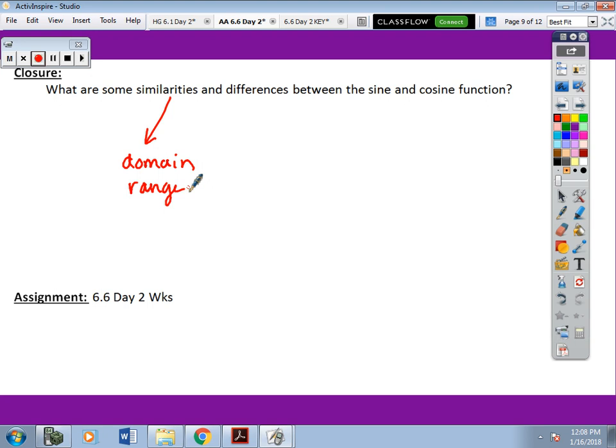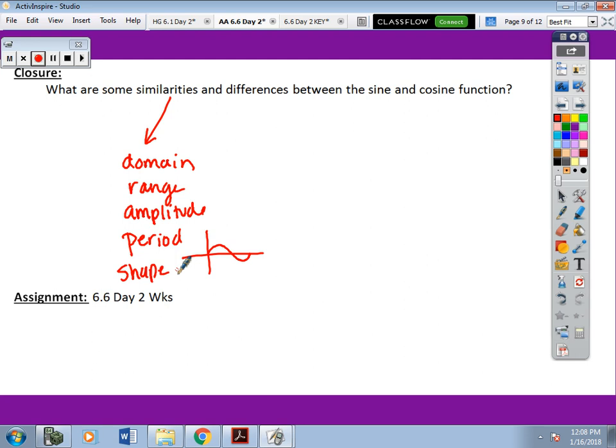The original functions too, they also have the same amplitude, right? They also have the same period, very good. Which the period, if you recall, is how long it takes for the cycle to repeat itself and start looking the same. And I have the same shape, I wrote that down too, in case you want it. It's not very mathematical, but it works.